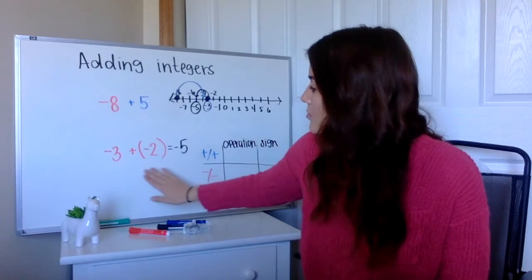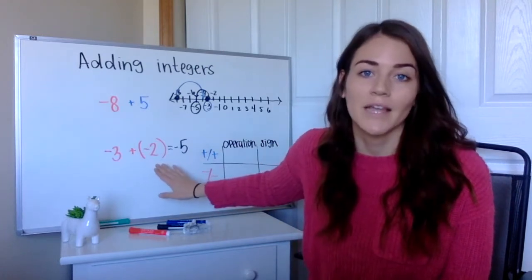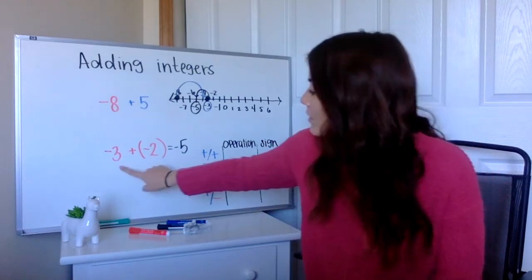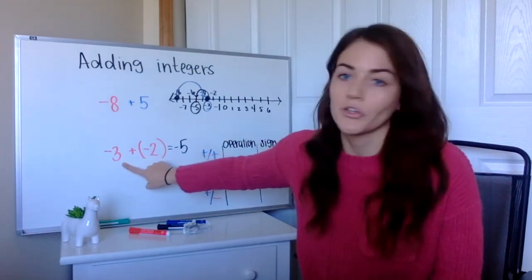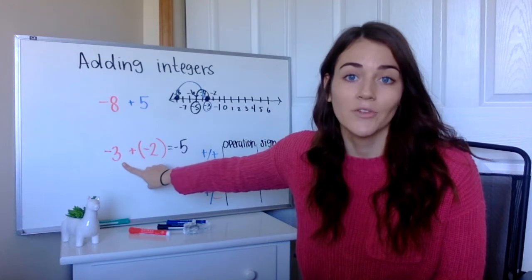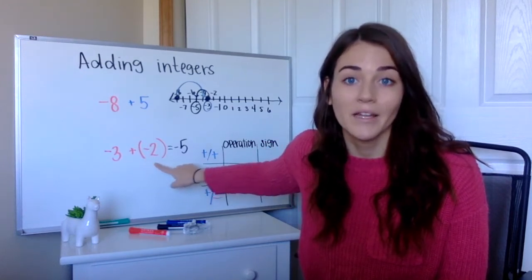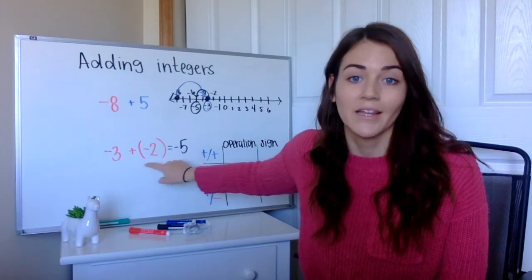If we look at this problem here, our -3 plus a -2, let's say we use weather as an example for this one. It's at -3 degrees. Then a few hours later, it goes down another 2, right? -2. We know that negative is going down.